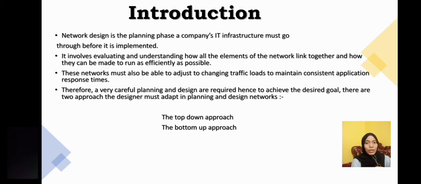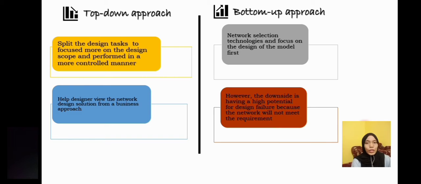There are two approaches the designer must adopt in planning and designing a network, which are the top-down approach and the bottom-up approach. Let's move to the comparison of the two. For the top-down approach, the design task focuses more on the design scope and is performed in a more controlled manner.